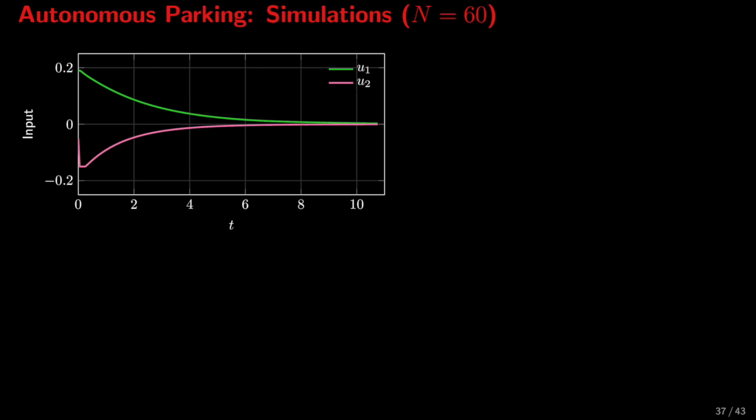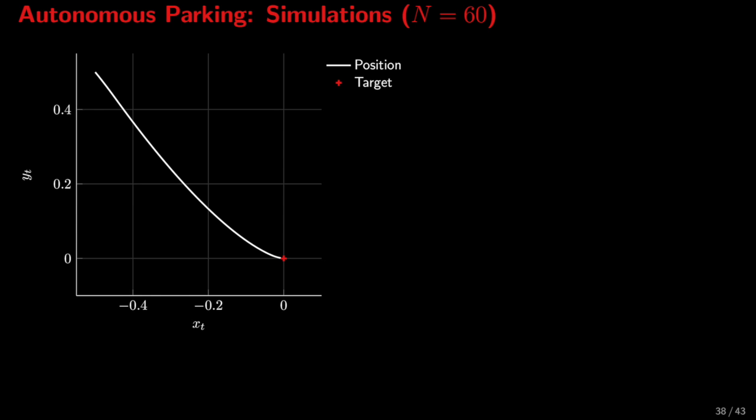Here we see the input, so the velocity references that we command to the system. These also converge to 0 and respect the constraints. And here we see the trajectory of the system on the XY plane, as if looking at it from above. It starts from the initial point and gradually converges towards the target, indicated with a red cross.